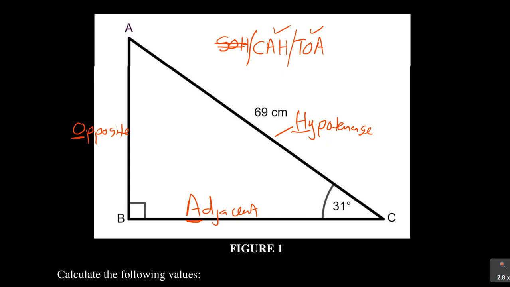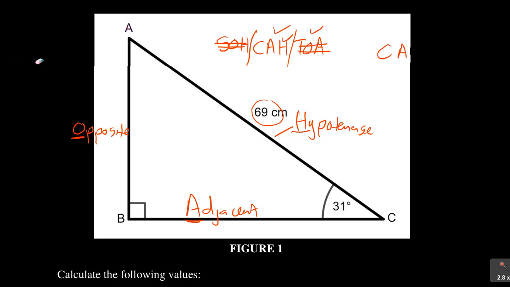I'm given the hypotenuse, which is 69. So I look at the one which talks about the hypotenuse. The third one does not talk about the hypotenuse, but this one does. So that's how I separate it, so that I can see that I'm supposed to use CAH.